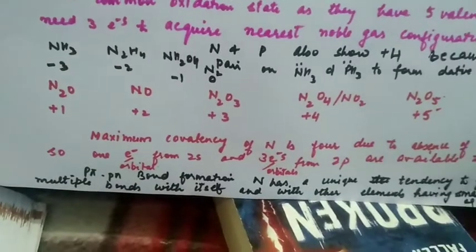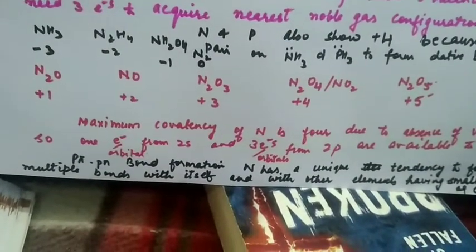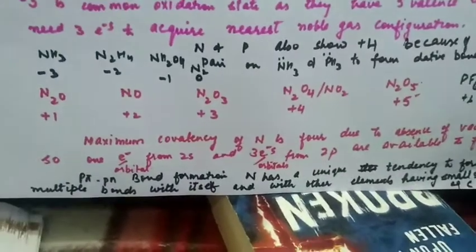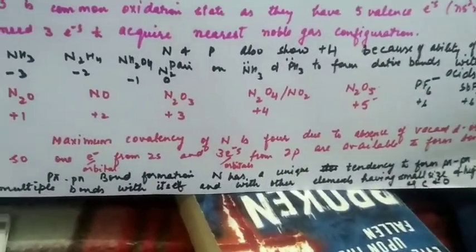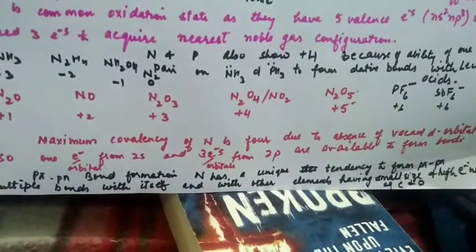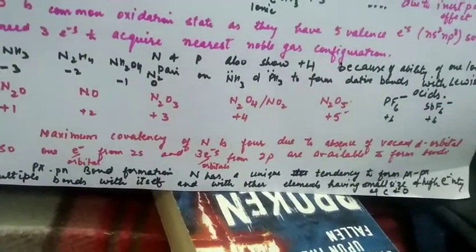Maximum covalency of nitrogen is 4 due to absence of vacant d orbitals. It has a unique tendency to form p-pi multiple bonds with itself and with other elements having small size and high electronegativity, for example carbon and oxygen.